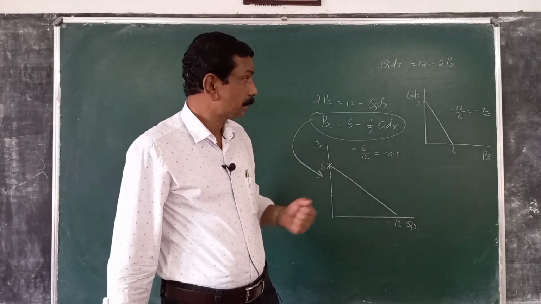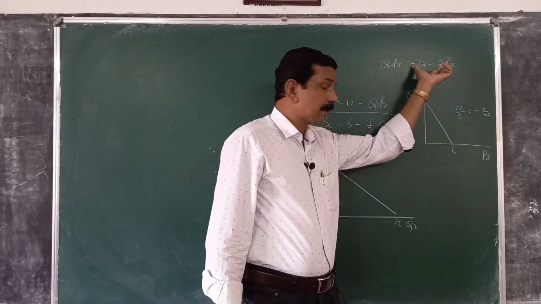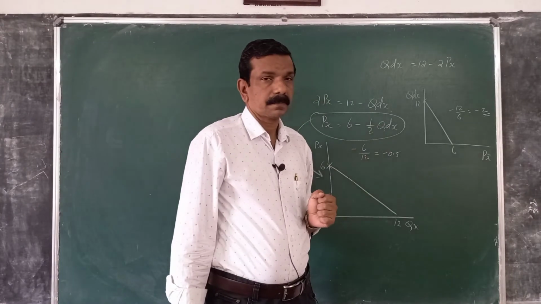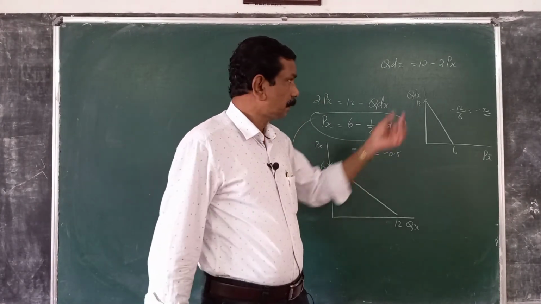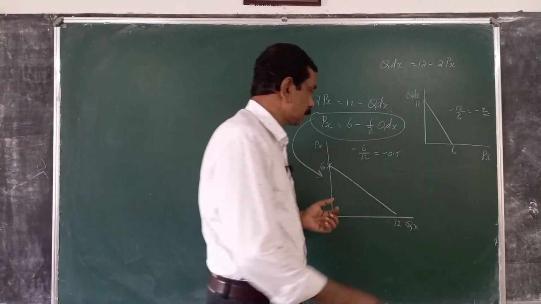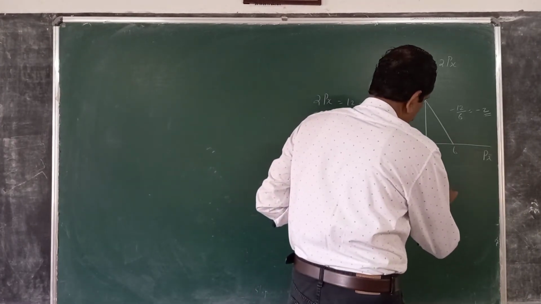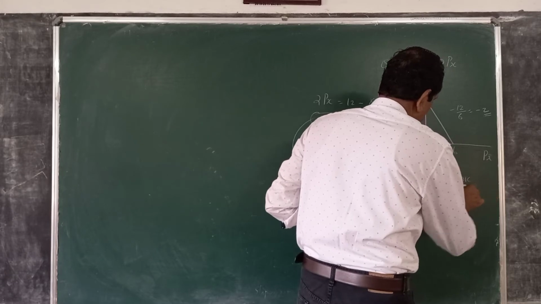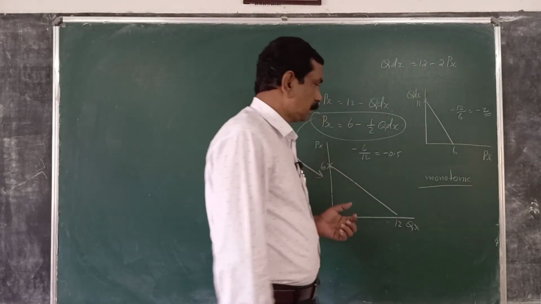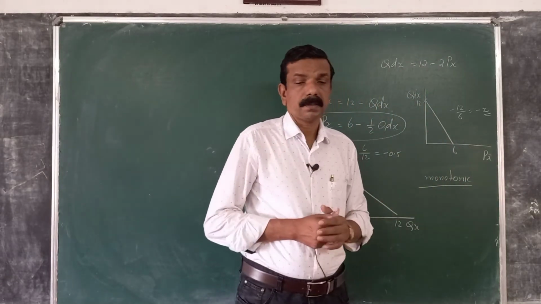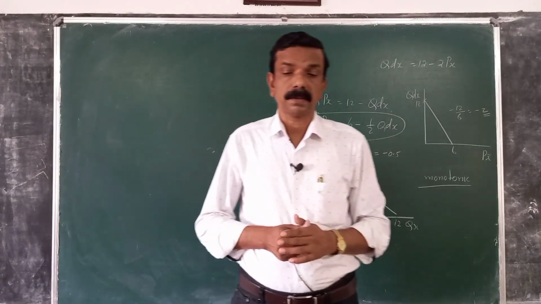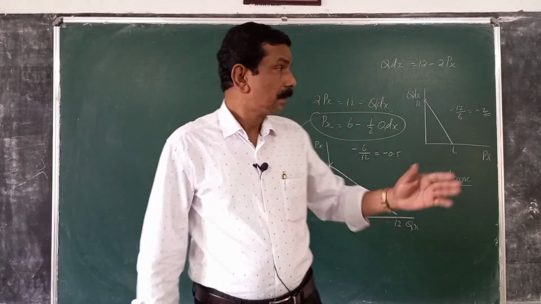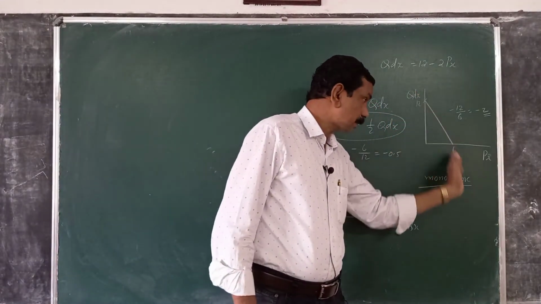Now the question is, if this is the true function, can we derive the inverse of the function? Mathematically, the inverse of a function exists if the function is monotonic. Monotonic means a function which increases continuously or decreases continuously.